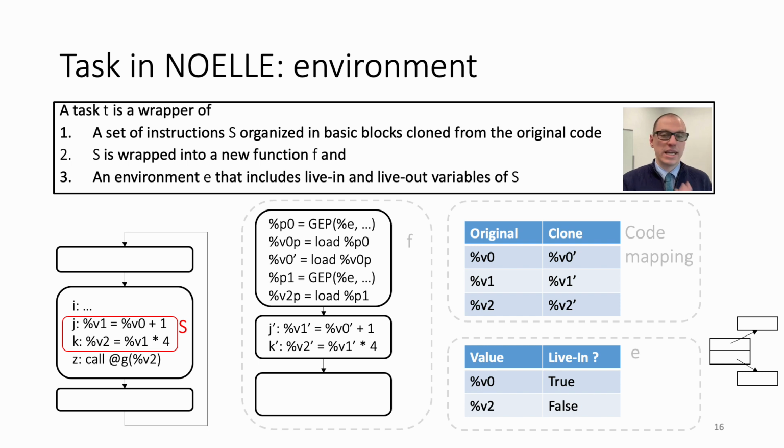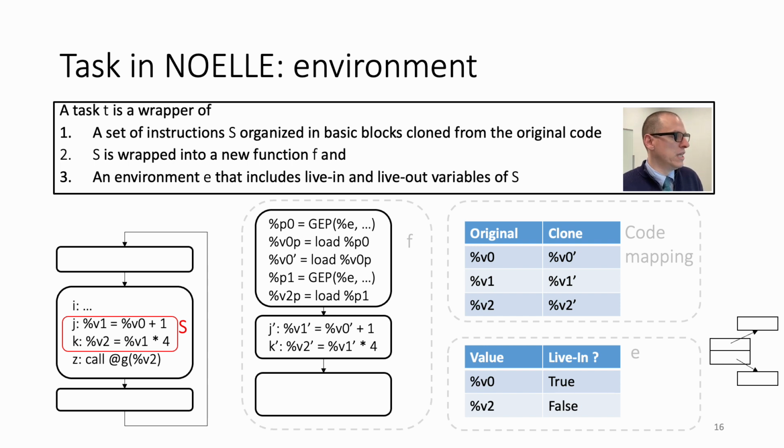In this way, now we have our live in value that we need to run the task body. And we call this %v0 prime to emphasize that this is a clone of the value of the original %v0. And now this %v0 prime is going to be used inside the middle basic block that actually does the computation we want.